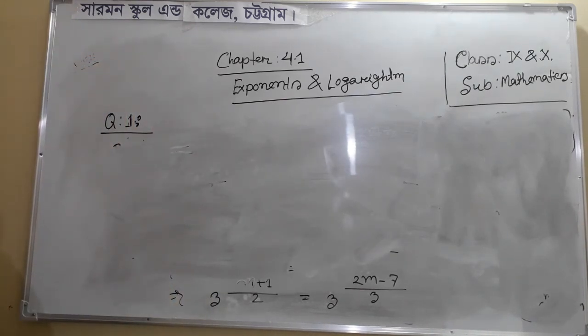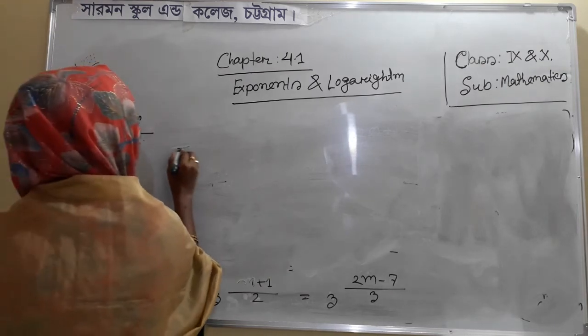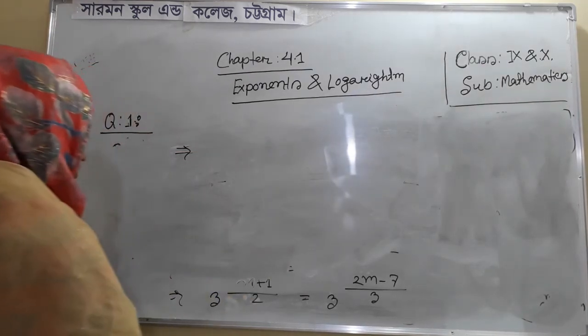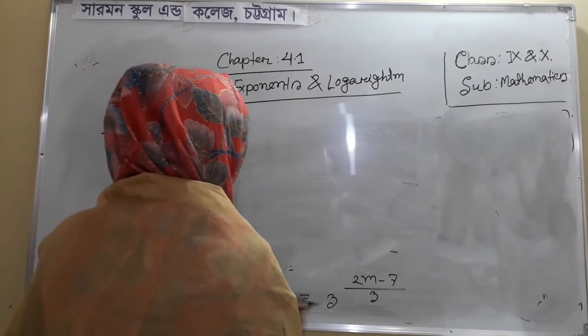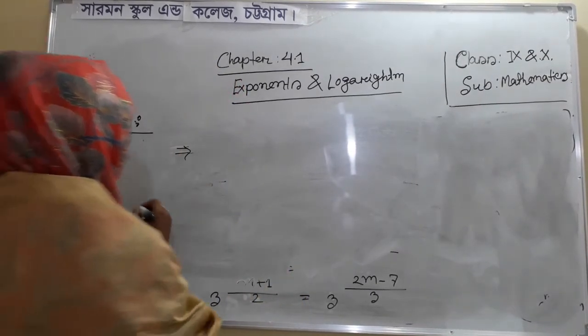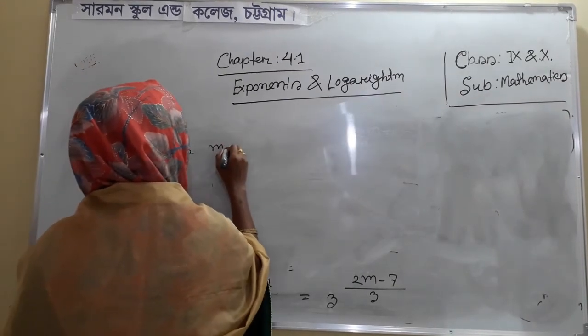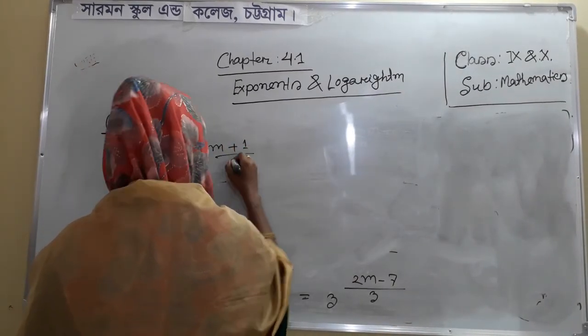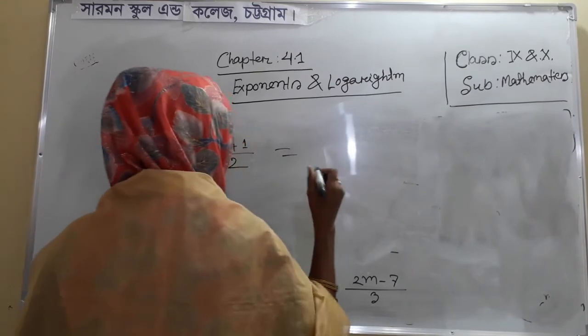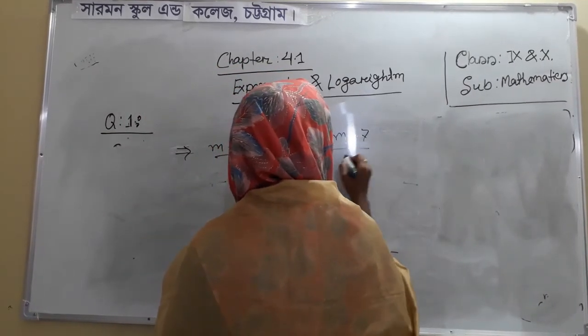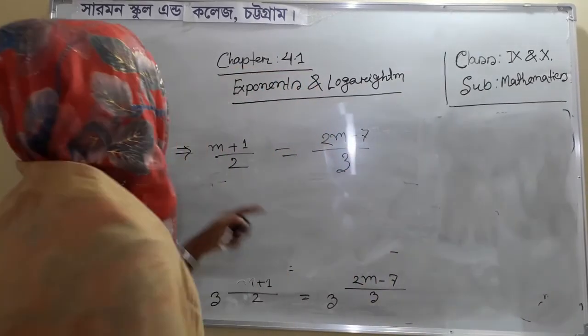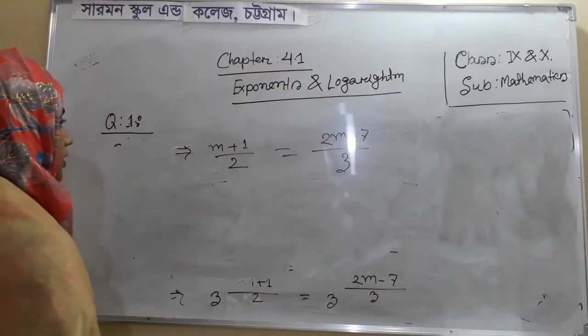Since the bases are same, we can write m plus 1 divided by 2 equals 2m minus 7 divided by 3. That means both sides of power are equal.